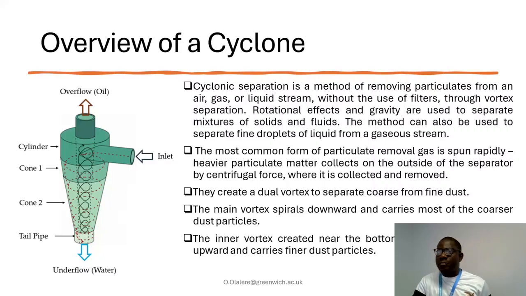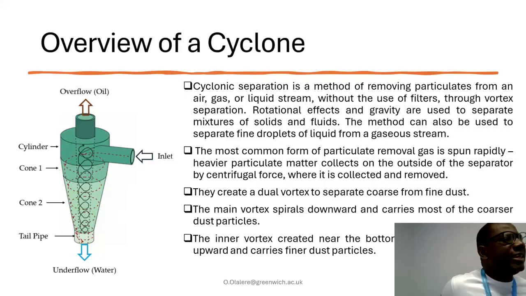particulate removal is spun rapidly. I don't know how many of you have seen something like this on a construction site. It's just similar, but not exactly what you want. It's more or less in a conical form like this, and it will be rolling like this. I think they use it for mixing concrete, right?